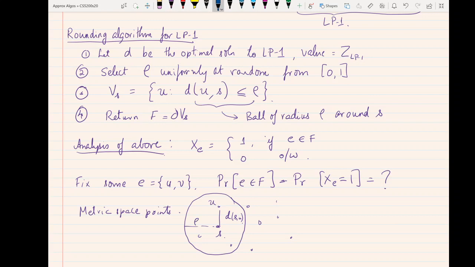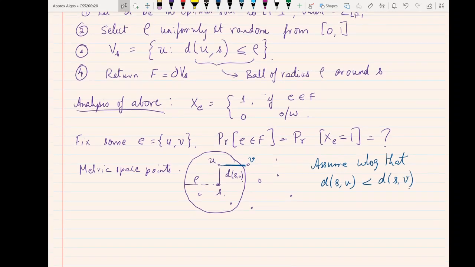Now if you fix an edge u comma v, what is the probability that it is cut by this? Well, assume without loss of generality that d of sv is greater than d of su. Then the edge is cut when rho lies, when this ball radius lies between d of su and d of sv.